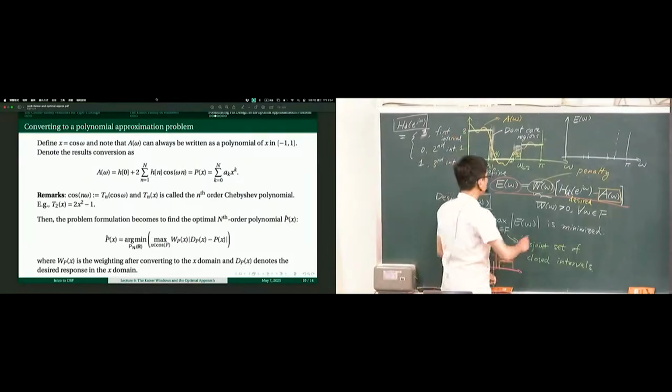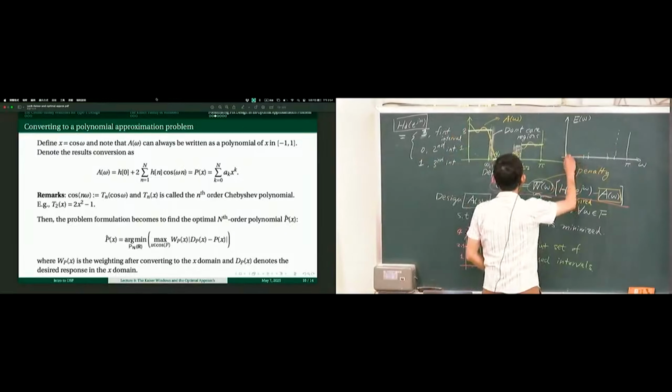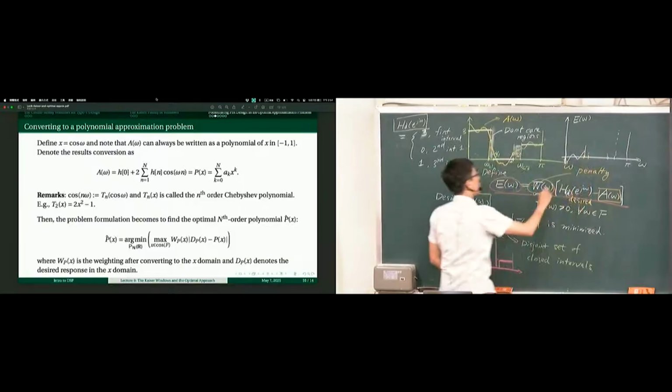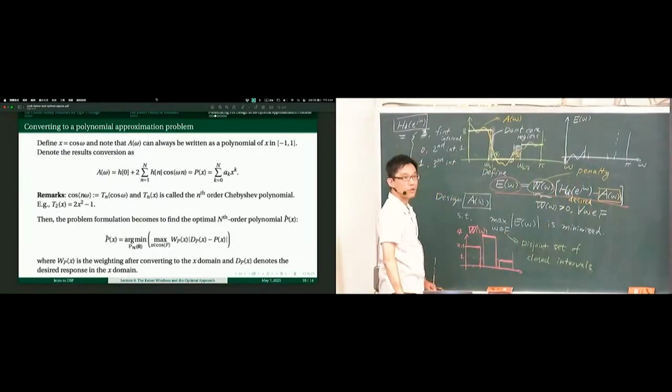The error function is negative to begin with, and it goes positive a little bit, and then negative again, and then it goes positively like that. So that's our weighted error before taking the absolute value for the first passband. Okay, so far so good.